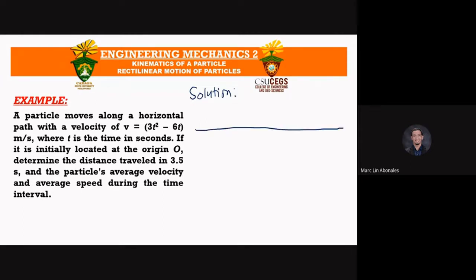So I just draw a horizontal line. And after we draw the horizontal line, we locate the origin. For the origin for this one, it can be any portion on the horizontal path. It can be at the center or at the side, it doesn't matter, as long as we establish the origin.